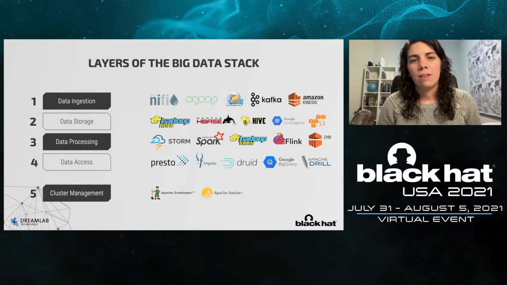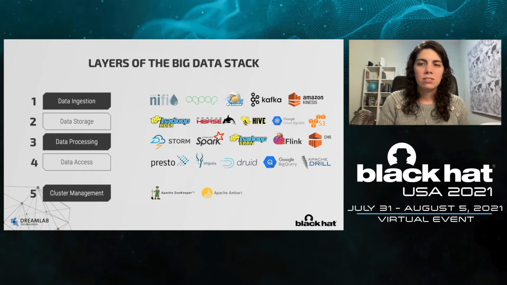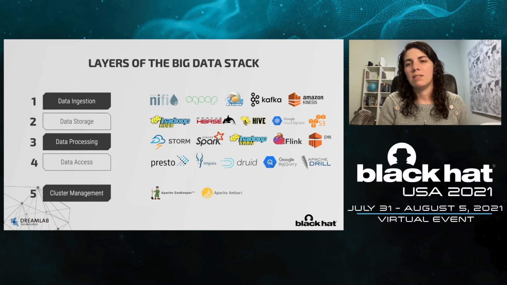So for each of these layers, there is a wide variety of technologies that can be implemented. The big data stack is hugely big. These ones are just a few of the most popular technologies. For example, Hadoop for the storage, Spark and Storm for processing, Impala, Presto, Druid for accessing the information, Flume, Sqoop for data ingestion, and Zookeeper for management, right?